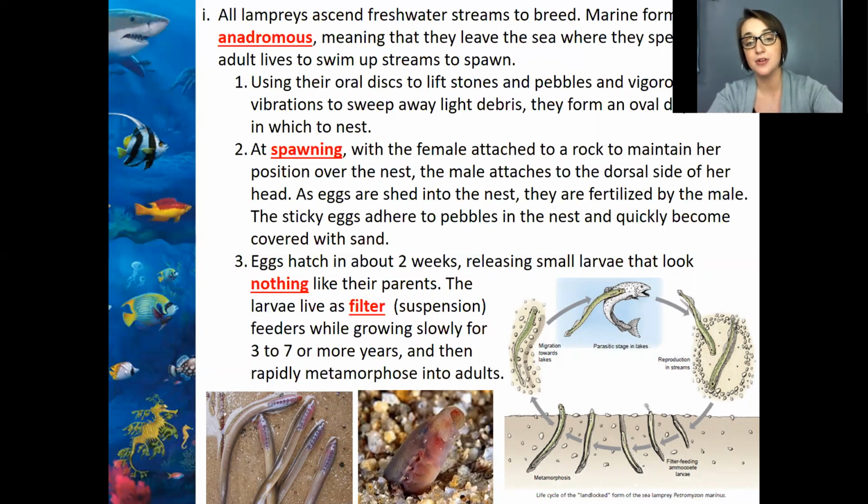The male will come over and fertilize them, and when he does, those eggs turn sticky and adhere to the pebbles at the bottom of the stream or the river, and they'll cover them up. About 2 weeks later, you'll have a bunch of teeny tiny larvae, which look like little bitty worms or maggots, and those will eventually turn into the lampreys we can see as adults today. And then for about 3 to 7 more years, until eventually they'll return and do the same for themselves.